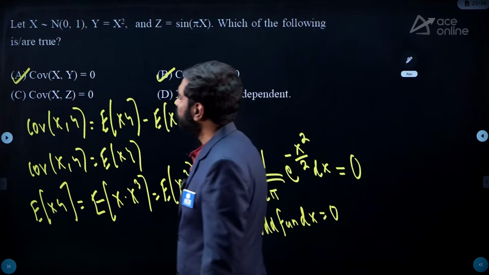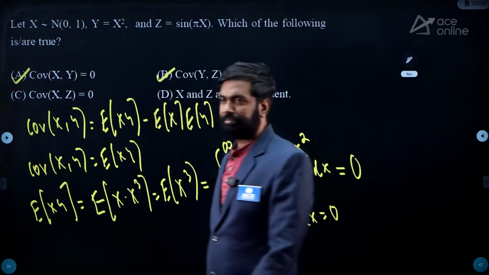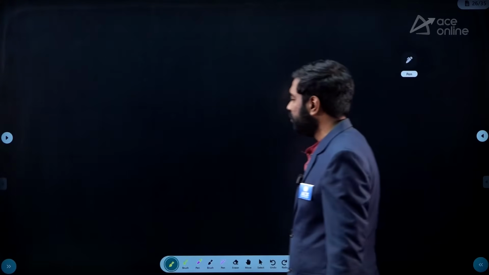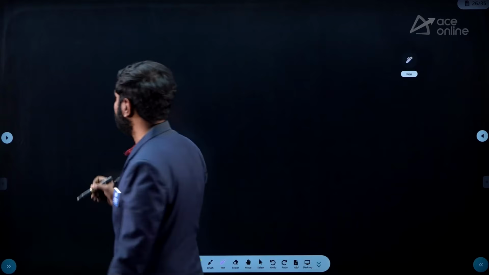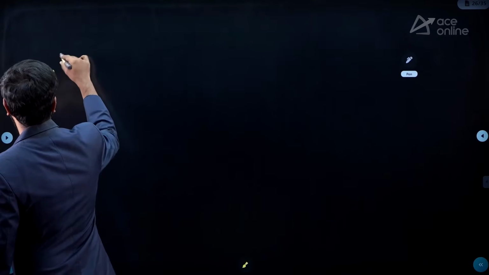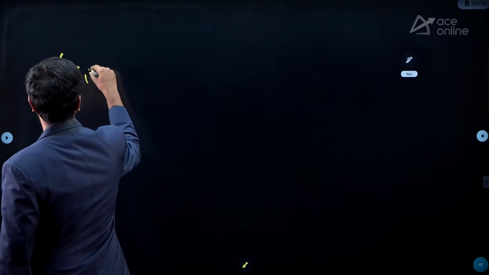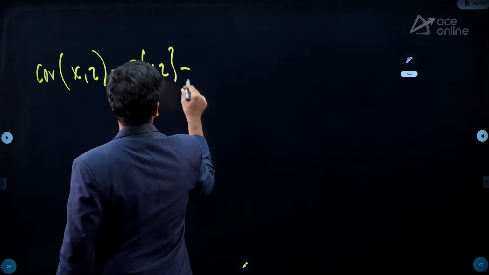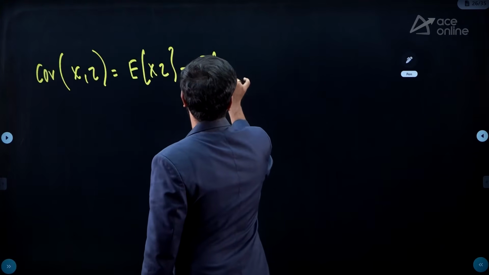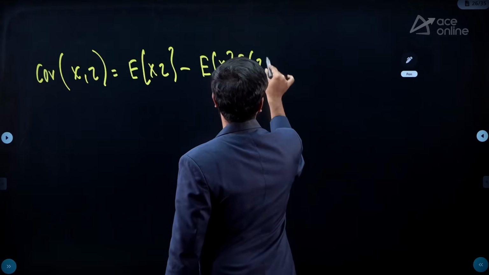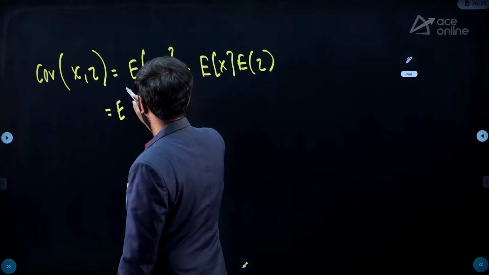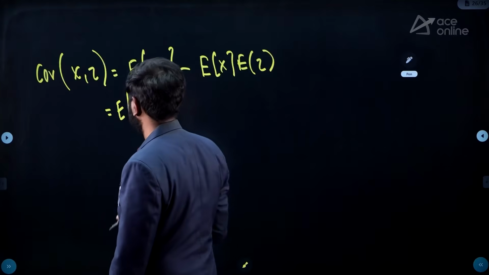Now they are asking what is covariance of X comma Z. Okay. So most of you might be feeling like in the previous way, this might also be 0. We need to examine it. Covariance of X comma Z is expectation of XZ minus expectation of X into expectation of Z. This is 0, this is 0, and then you have to find expectation of XZ.